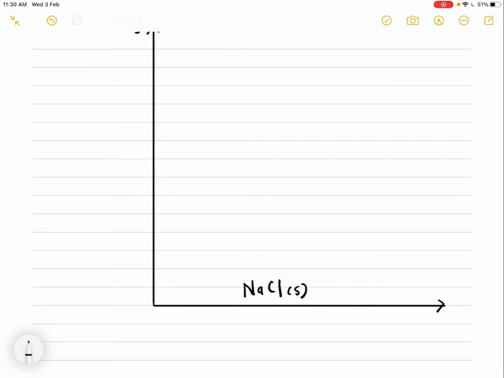What are the elements forming NaCl solid? We have sodium solid and chlorine gas molecule. And from the balancing, since we have 1 mole of chlorine in the solid ionic, you have to put half in this element as well. Okay, and then you have to draw the line over here.